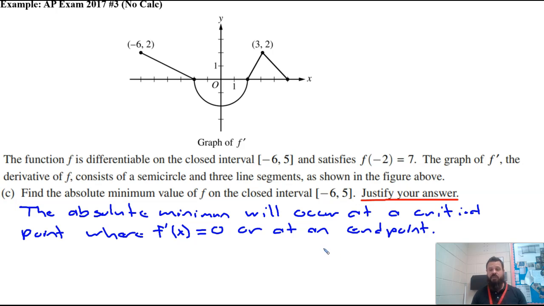Okay, how do we know that the value we come up with here is the absolute minimum? So what we need to do is consider our critical points. Again, that's where our derivative equals 0, and we have 2 of those. I'm going to say I know that f prime of x equals 0 when x is equal to -2 and 2.